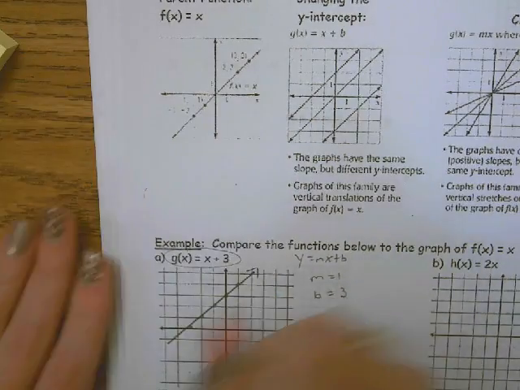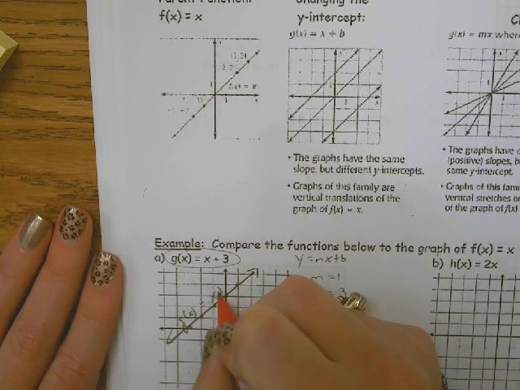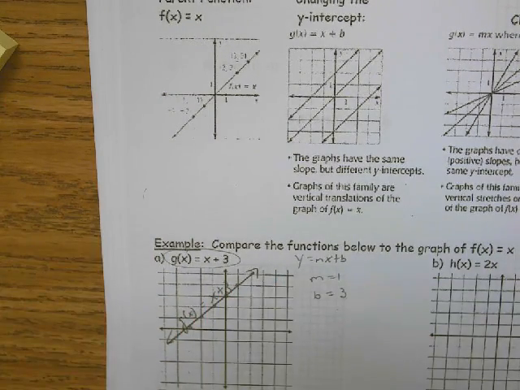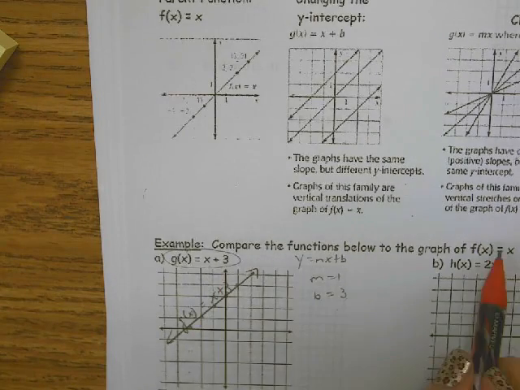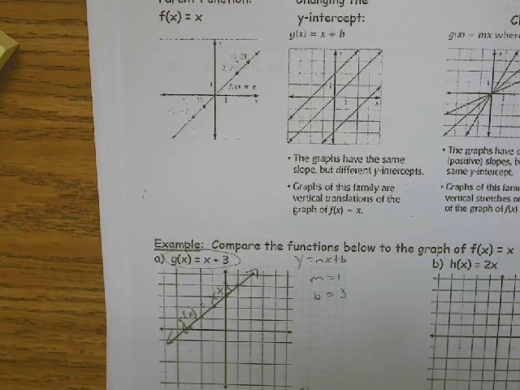So that becomes my line, g of x equals x plus 3. So the graphs have the same slope. M is the same in both of them. Therefore, the lines are parallel. The y-intercept of g is 3 more than the y-intercept of f.